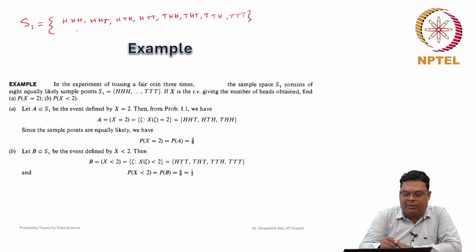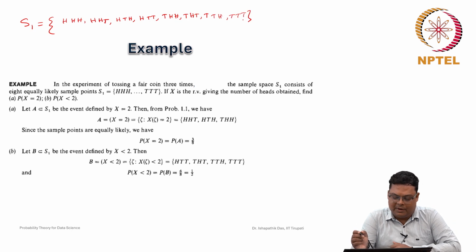So, there will be 8 observations, 1, 2, 3, 4, 5, 6, 7, 8. So, there will be 8 sample points for this random experiment.